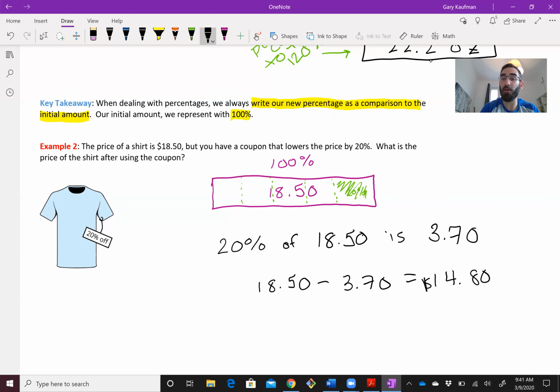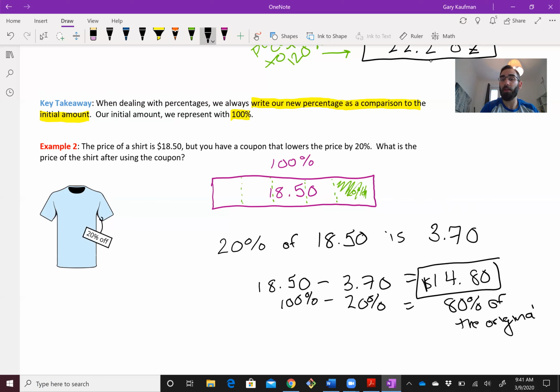This is my new price after the discount. And if we're losing, remember this is 100% minus my 20%. So this therefore equals 80% of the original. So it's a 20% decrease, which results in 80% of the original.